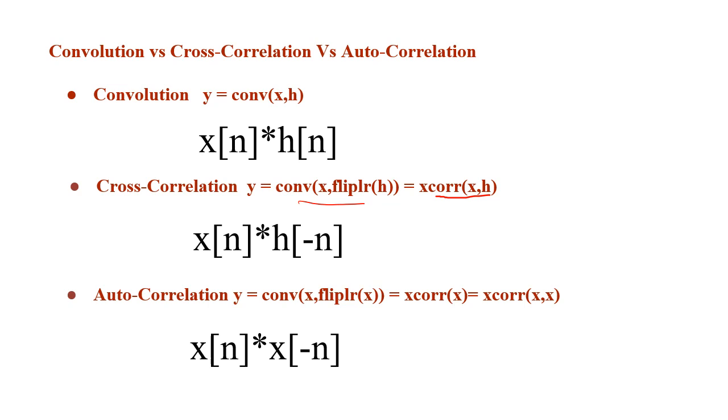So you can either call the cross-correlation function xcorr on the same signal, x with x, or if you simply give the xcorr function just a single input, which is x, MATLAB will understand that you're interested in performing autocorrelation, so it will output it for you. Alternatively, you can use conv on x with a flipped version of x.